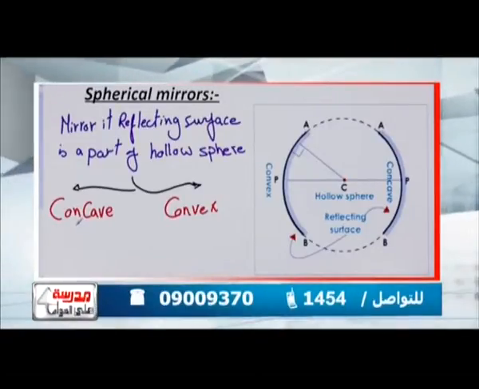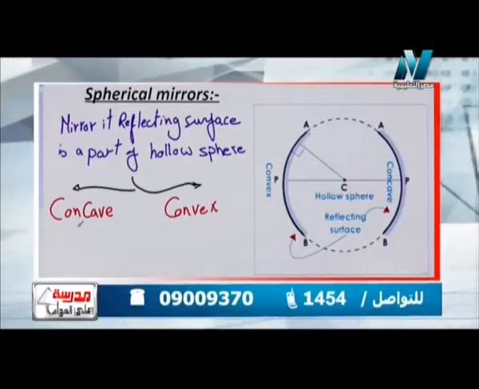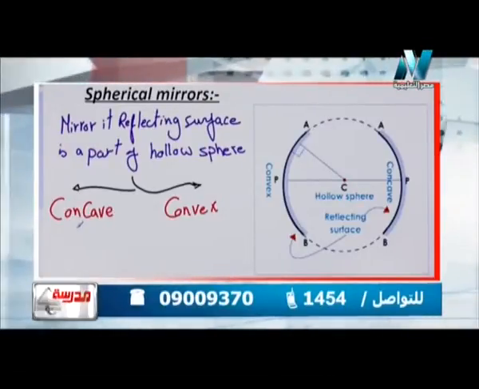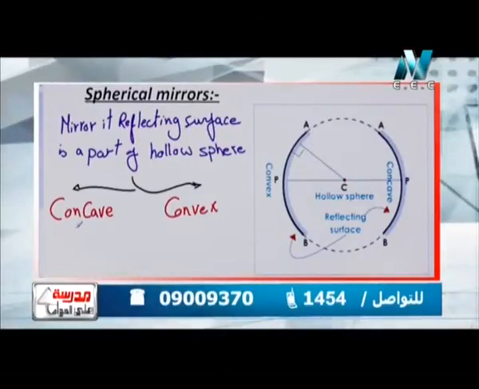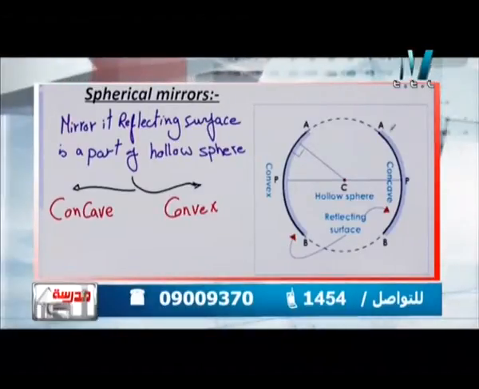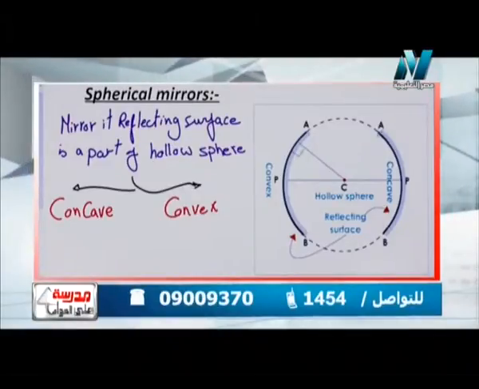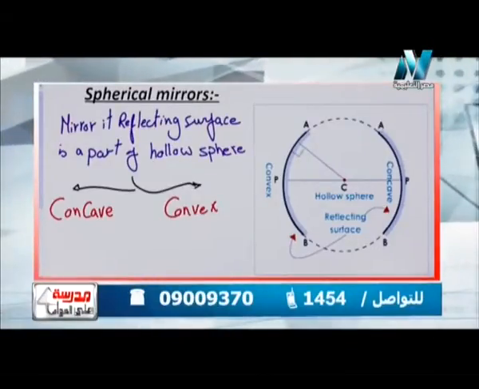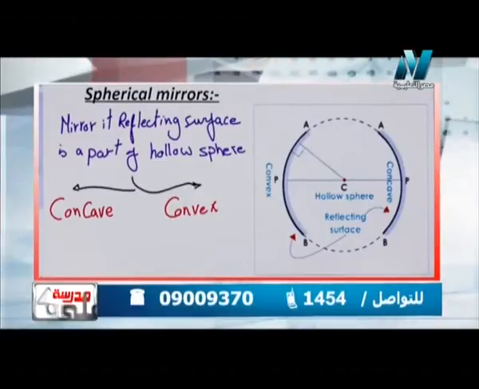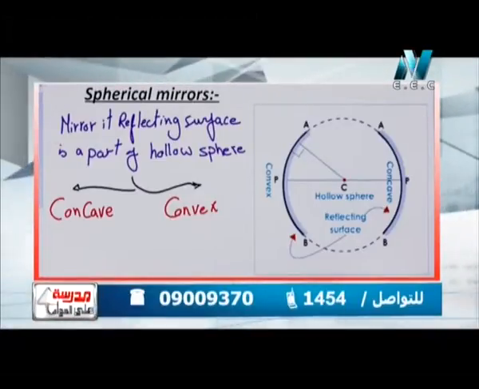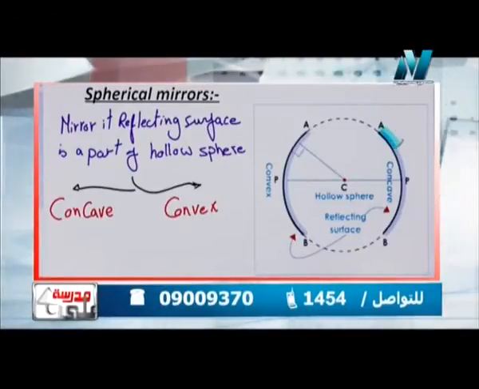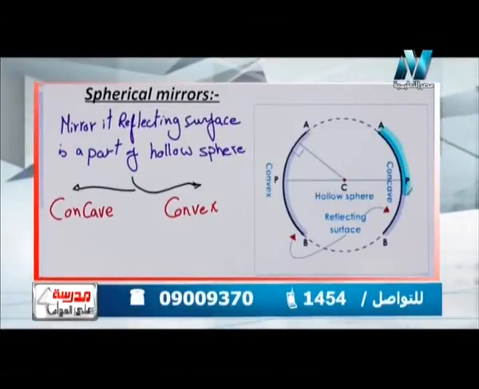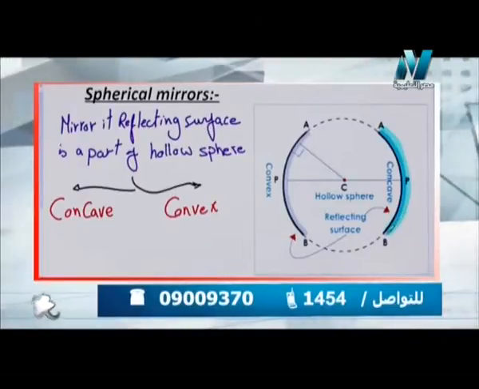A concave mirror has the inner part of the hollow sphere as the reflecting surface. We talk about a sphere, right? So here this sphere has an outer surface, and at the same time we have an inner surface.